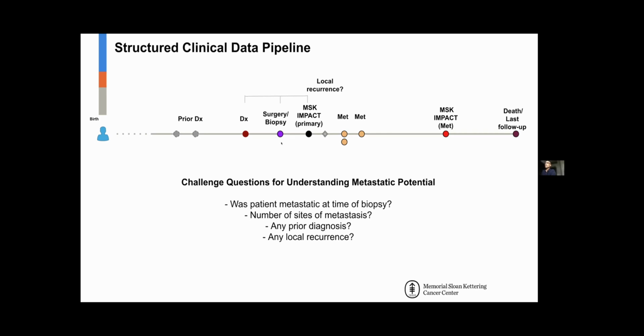You want to know if they had a surgery or a biopsy, and when they had it relative to when they actually had the sample sequenced. Sometimes this can be years apart. And then what metastatic events occurred on top of that.